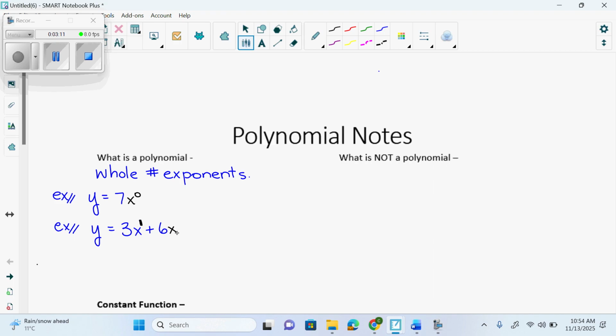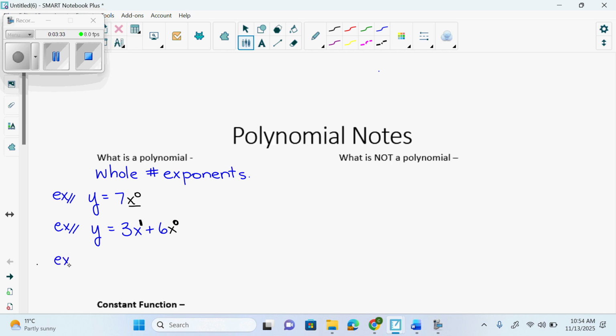X to the 1 would exist. So what would this be if there was nothing here? X to the 0. I can write x to the 0 on anything if I want to. What's x to the 0? 1. And when you multiply by 1, what does it do? Nothing. So this has a 1, this has a 0.